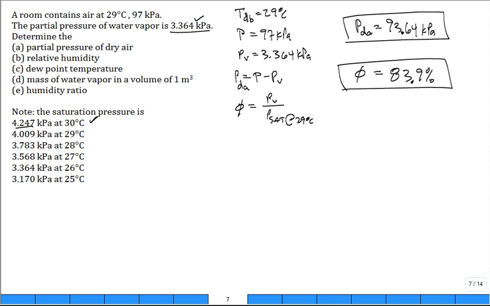What's the dew point temperature? That's where the actual vapor pressure is equal to the saturation pressure at the lower temperature. That lower temperature is called the dew point temperature. So we know that this is 3.364 kPa.